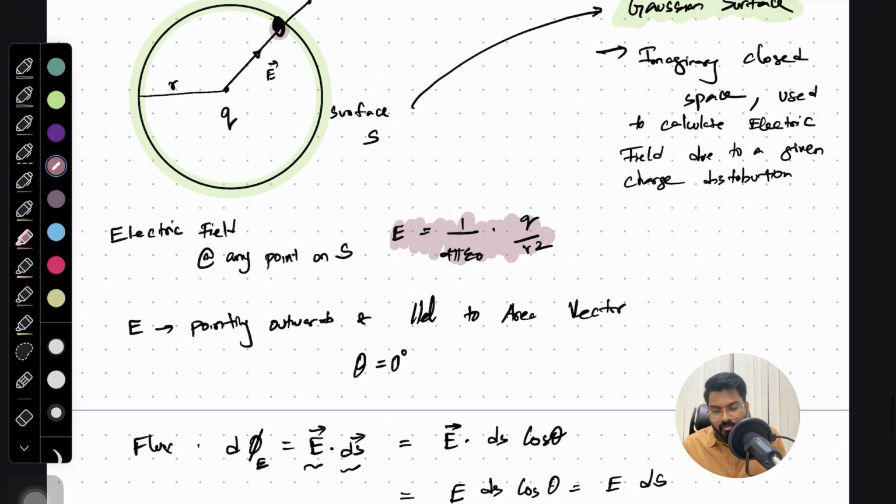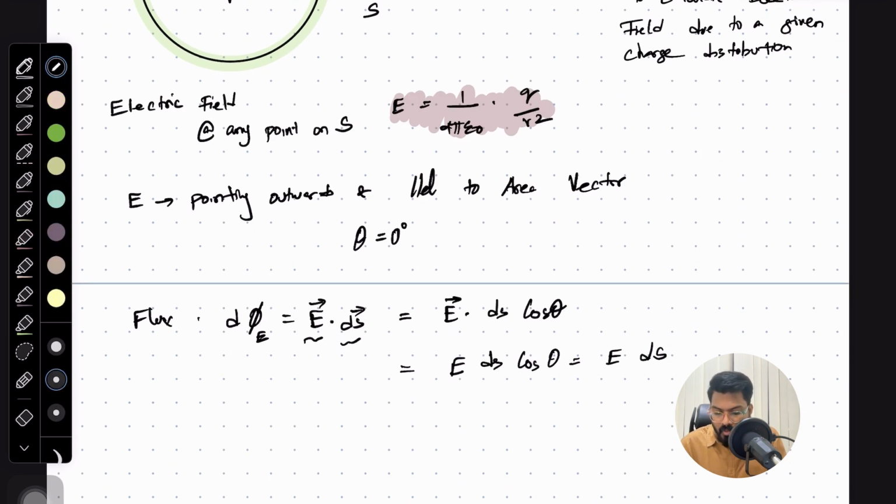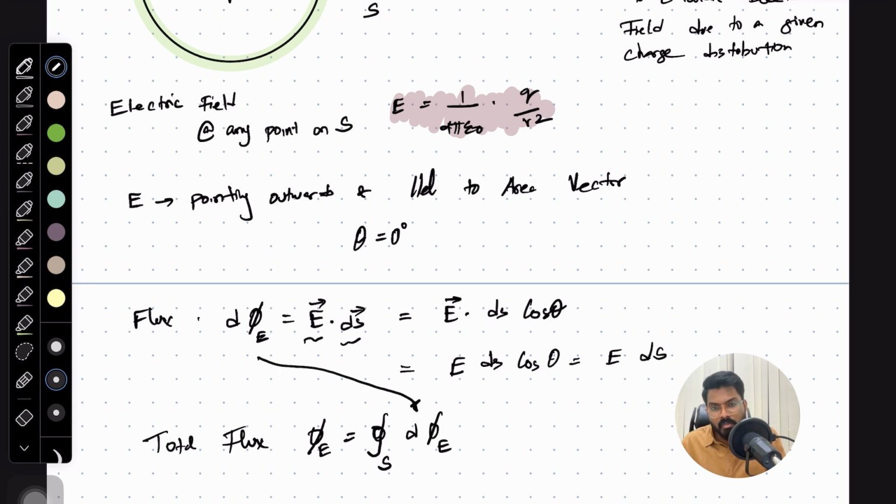Now I'm going to find this for the entire area of the sphere, so that would give me the total flux. Total flux is the surface integral over the small flux, which gives me the surface integral of E into dS.